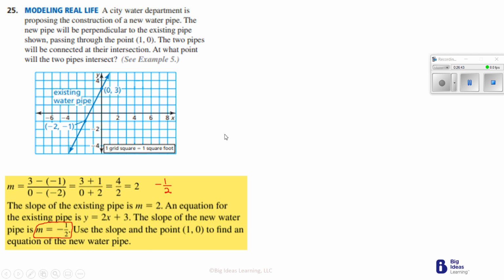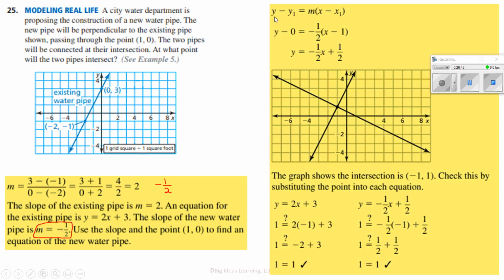We're going to put this in point slope form, y minus y1, and y1, we remember, is going to be 0, right? We said 1 and 0, so y will be 0 and x will be 1, right? And then negative 1/2 times x is negative 1/2 x.